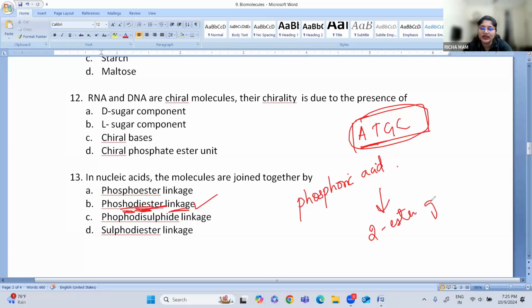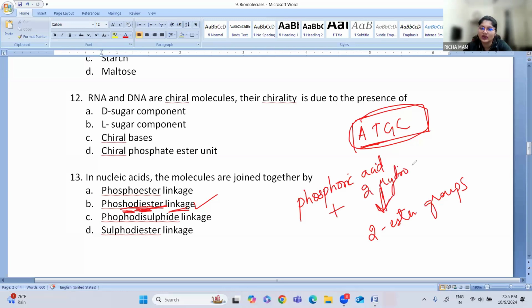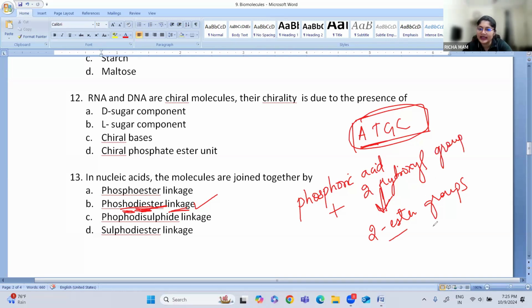When phosphoric acid reacts with two hydroxyl groups, it forms two ester groups and releases two water molecules. So they produce the phosphodiester linkage. This phosphodiester linkage is used to join the molecules in the nucleic acid. That's it.